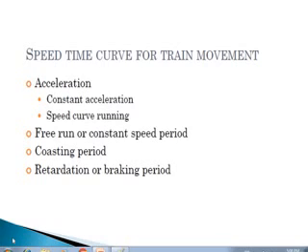The movement of trains and their energy consumption can be most conveniently studied by means of speed time and speed distance curve, which show respectively the speed at different time instants after the start run and the speed at different distances from starting point.